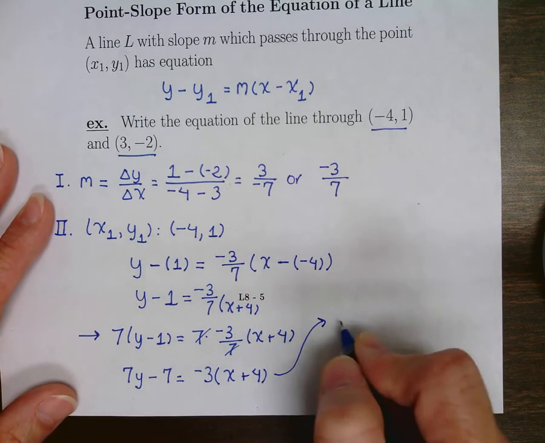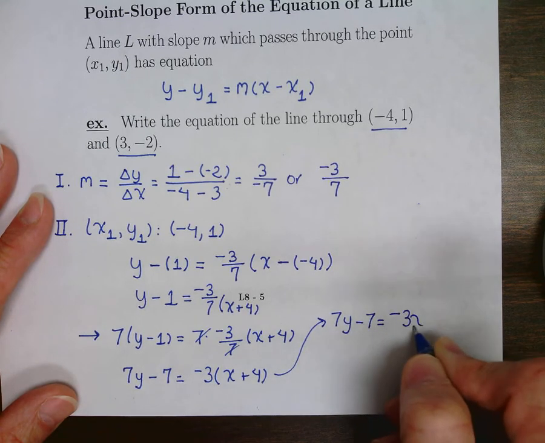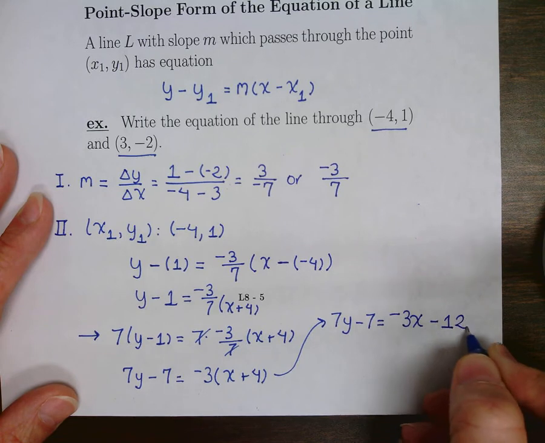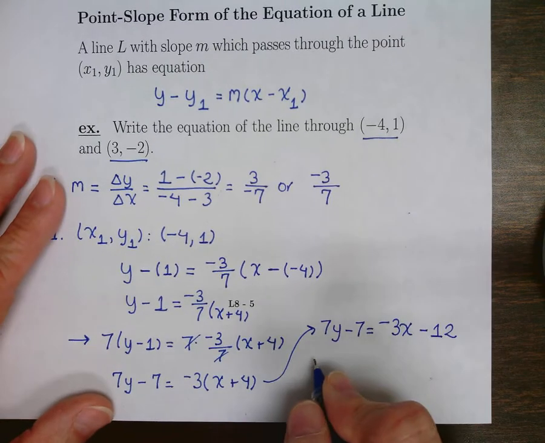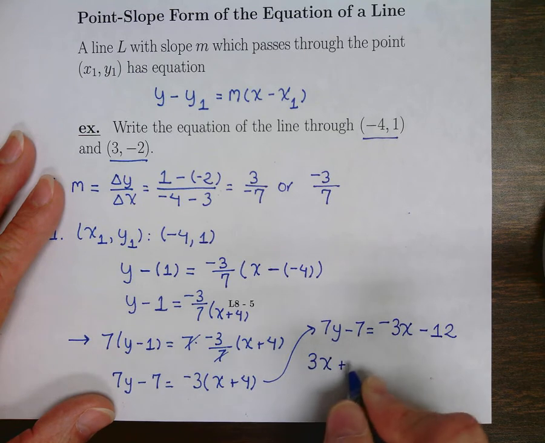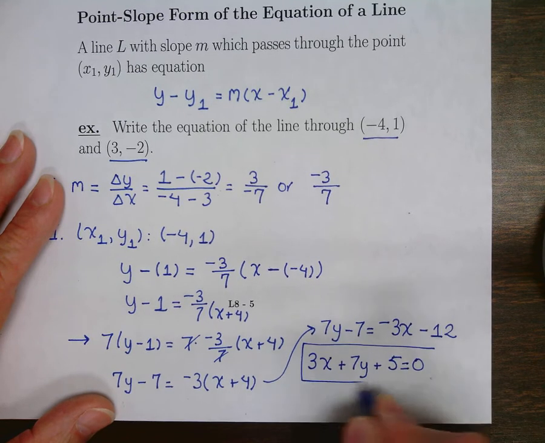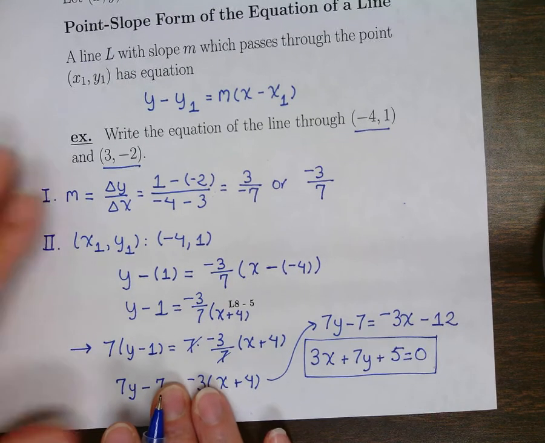So moving up here, 7y minus 7 equals negative 3x minus 12. And so if I bring everything over to one side, I get 3x plus 7y plus 5 equals 0. And that's the equation of that line in general form.